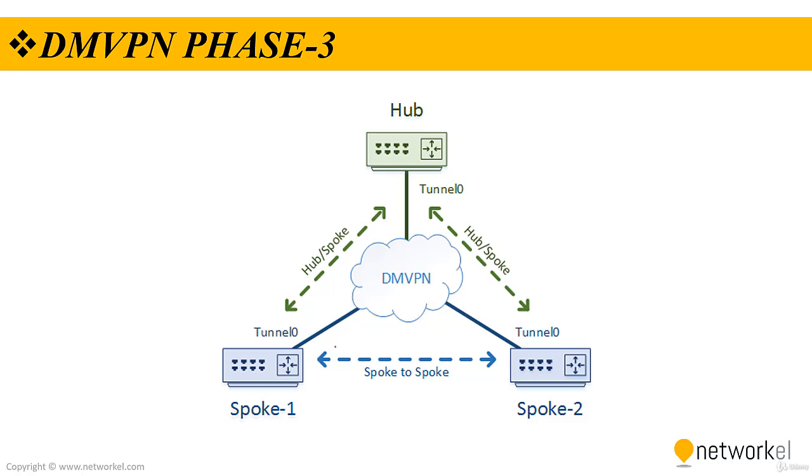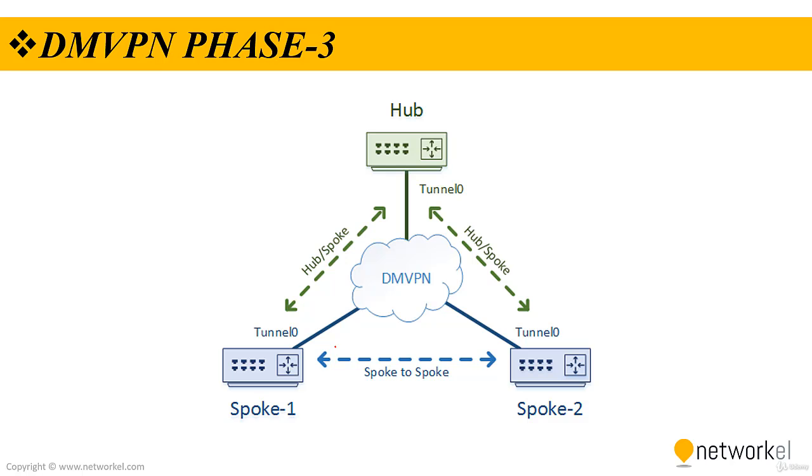NHRP shortcuts modify the next hop entry for existing routes or add a more explicit route entry to the routing table. Because NHRP shortcuts install more explicit routes in the routing table, DMVPN Phase 3 supports summarization of networks at the hub while providing optimal routing between spoke routers.